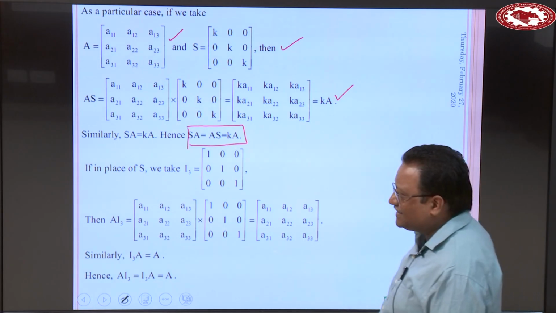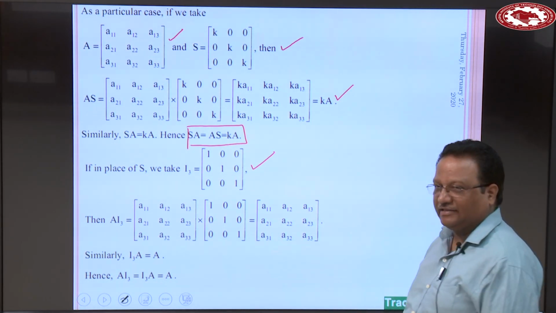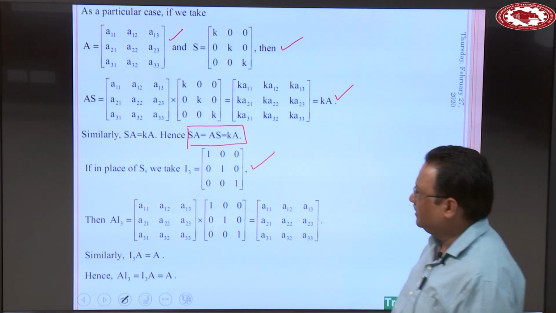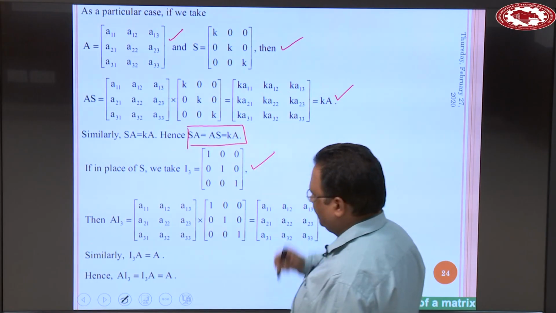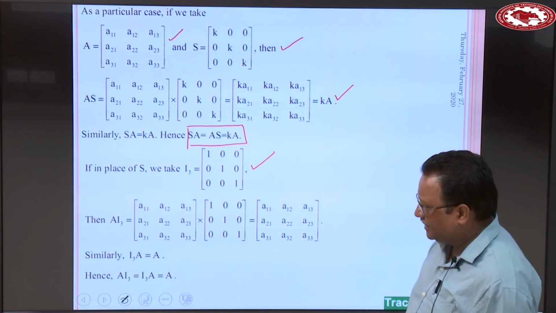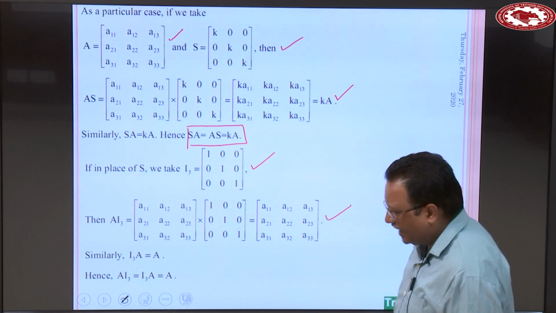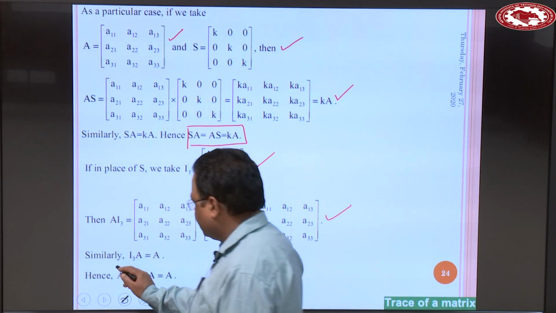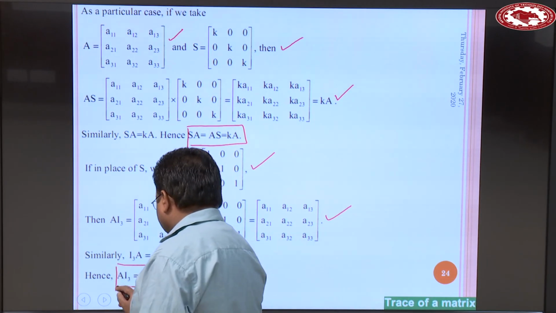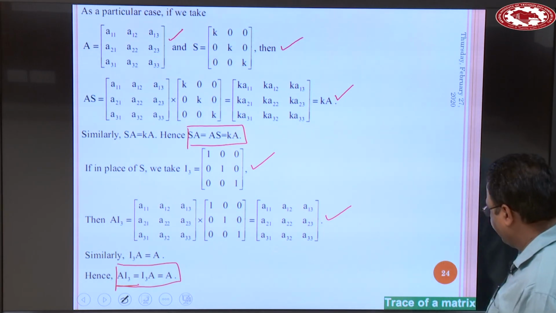So if in place of S we take I3, the identity matrix, where these diagonal elements are 1, 1, 1, then AI3 is equal to I3A is equal to A.